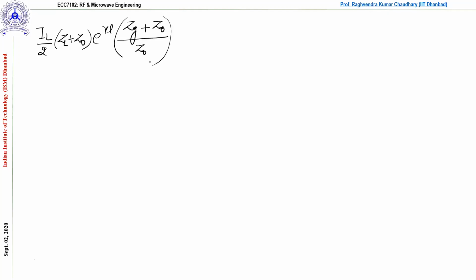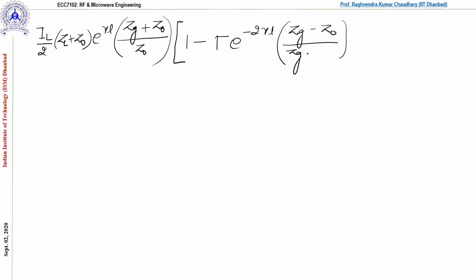I just take this Z naught outside, and this will be 1 minus gamma e to the power minus 2 gamma L, and in bracket this will be Zg minus Z naught. Now I just need to rearrange the things, so you can get this, fine, Vg.